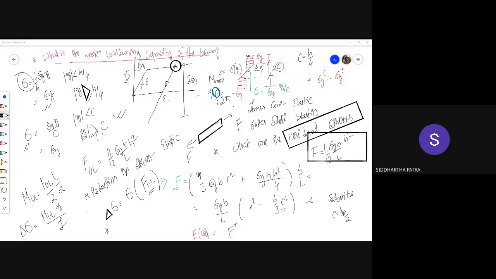Now that you are unloading, which is a linear elastic deformation, you can think of this happening as some initial stress which you got at the end of the loading part, and there is certain stress that you would have got if you had loaded the system with that same force, but this time only elastic deformation happening.